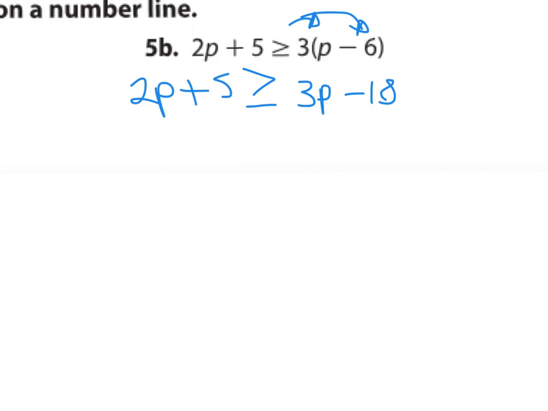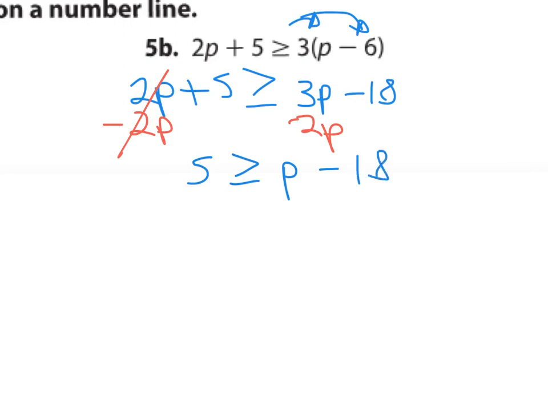Now let's identify the higher coefficient, and we know it's on this side, so let's get rid of the one on this side by using subtraction property of equality and subtracting it out from both sides, right? That means that value is gone, and we're left with 5 is greater than or equal to p, right? Because 3p minus 2p is 1p, so just simply p minus 18.